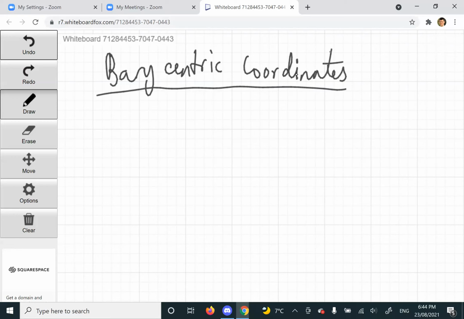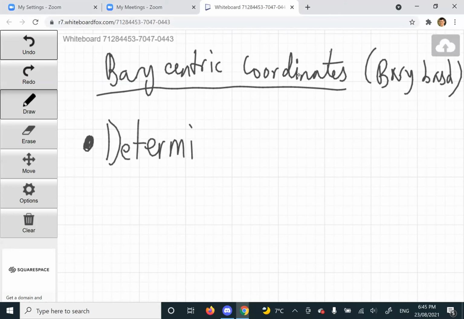If you solve a problem using this, it's affectionately known as Bary Bash, which sounds really Australian. Okay, so the two things I want to show you. This is a prerequisite thing. It's actually not that hard if you can get around the big word, determinant.